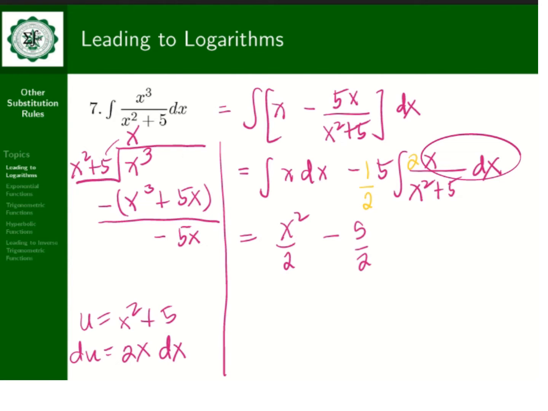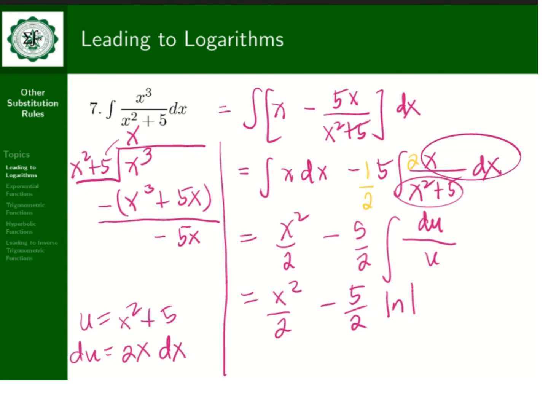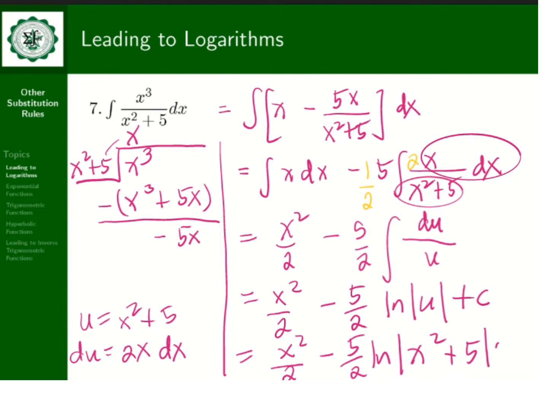And then 2x dx will be replaced by du, while x squared plus 5 in the denominator will be replaced by u. And so we have x squared over 2 minus 5 over 2 du over u. The integral of du over u is the ln of the absolute value of u plus c. And then just perform the back substitution. We have x squared over 2 minus 5 over 2 ln of the absolute value of x squared plus 5, and then plus c.